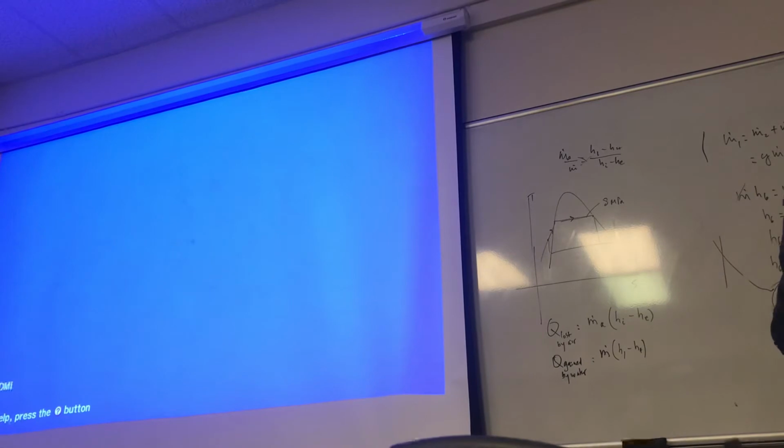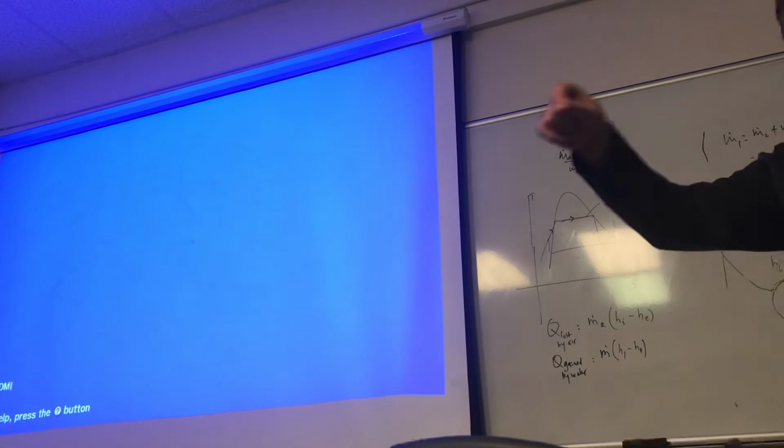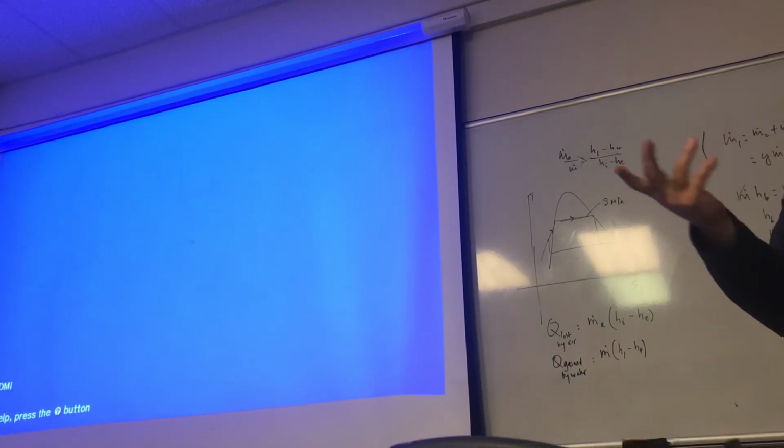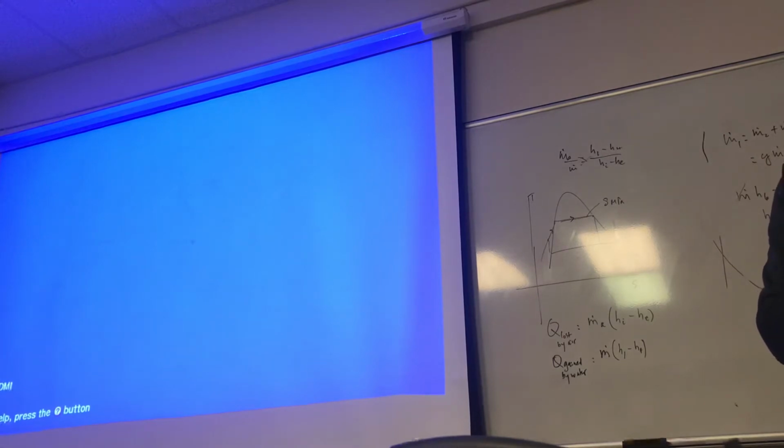So anytime you do a Rankine cycle, most of your effort should be concentrated towards getting the actual values of the H's. Don't rush, don't say it's just this, okay? Make sure you're getting the right values of H's, because the rest of the questions are pretty much just plugging in the values of H's, okay? So if you mess up the values of H, obviously it messes up everything else, okay?